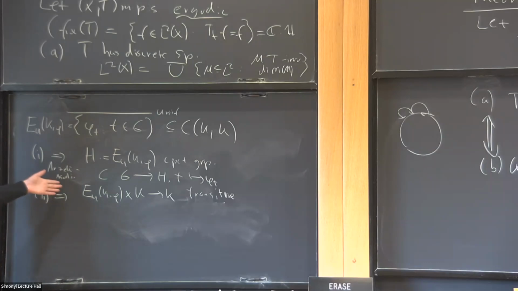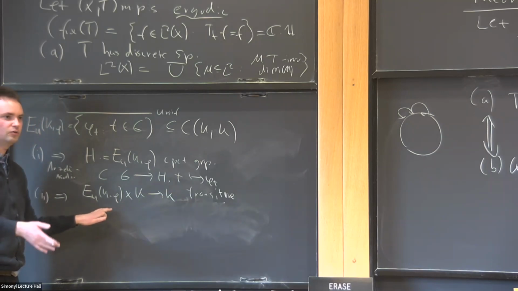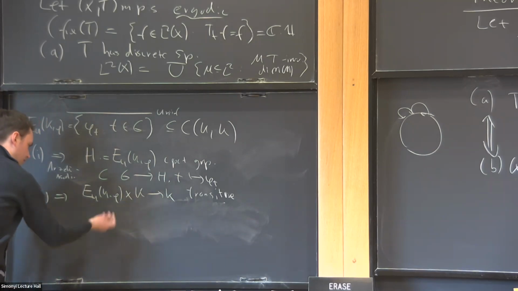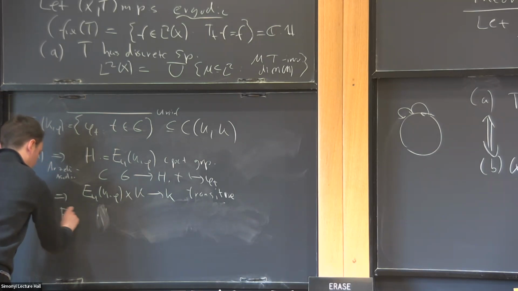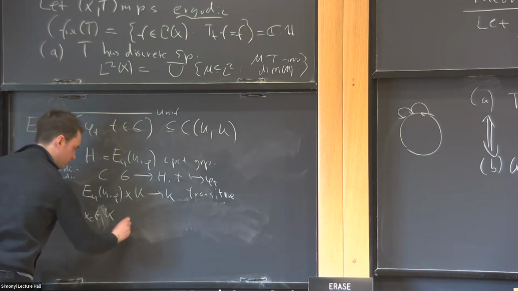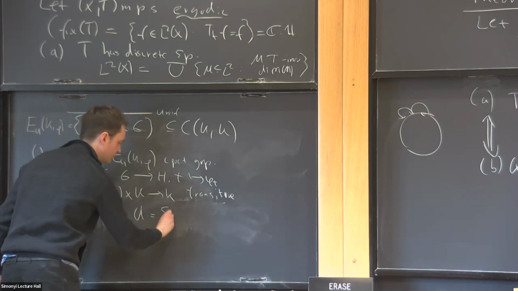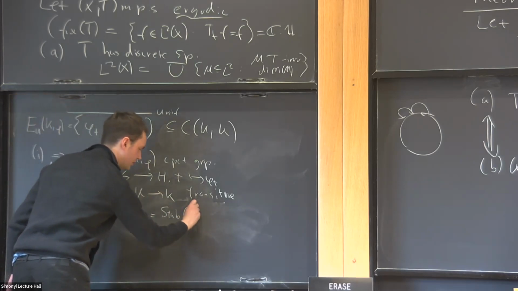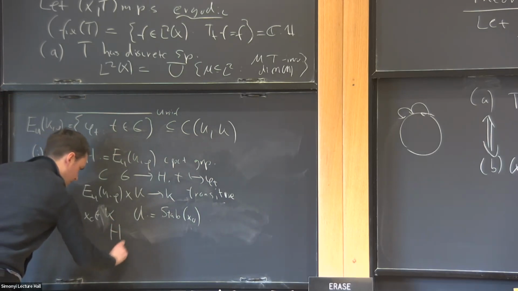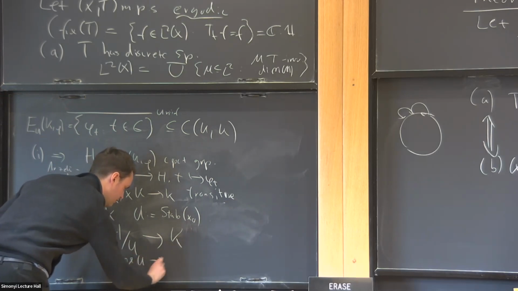Okay. But now you're basically done because you have now a transitive action of the compact group, and you just have to mod out one stabilizer group to get an isomorphism between your space and your homogeneous space. So now you choose just any point in your space K, and then you take U, the subgroup you look for, to be the stabilizer group in your group H, your uniform enveloping group, and then you get an isomorphism from H/U to K, which just evaluates an element.